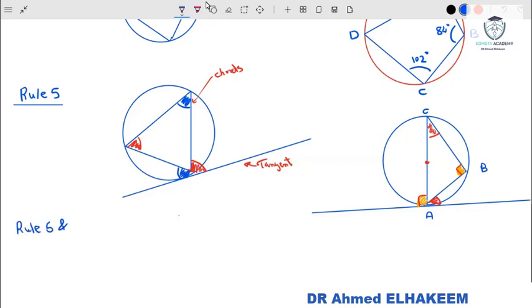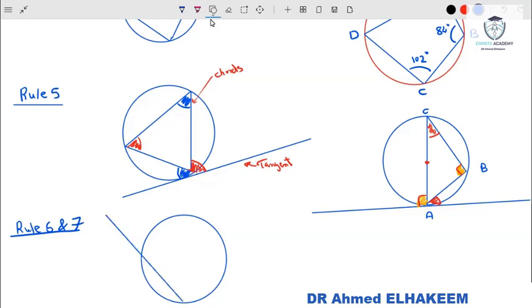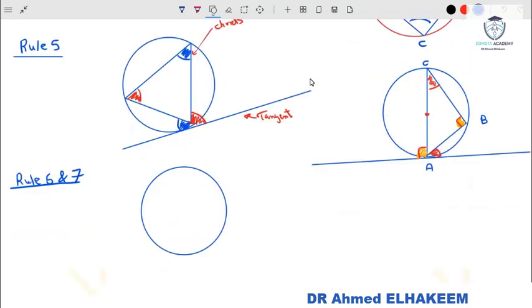Rule 6 and 7. If I have a circle like that, and I have some tangent like that.